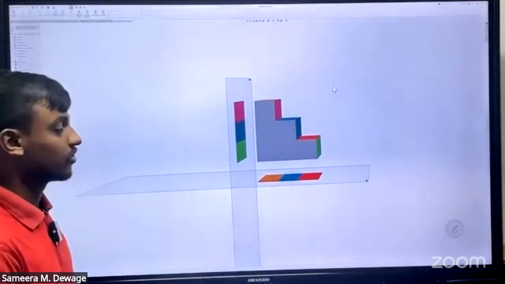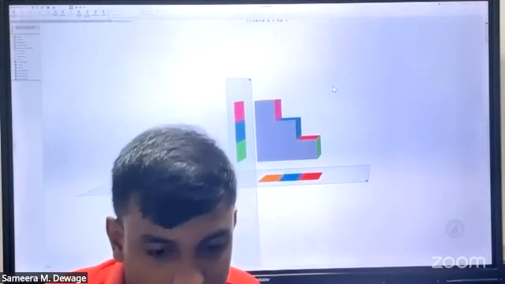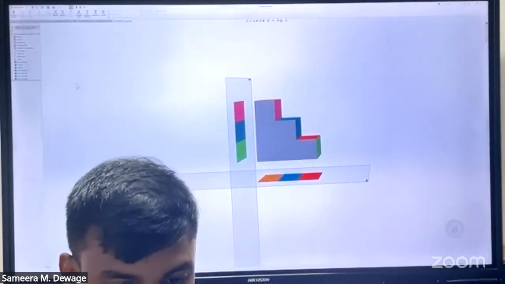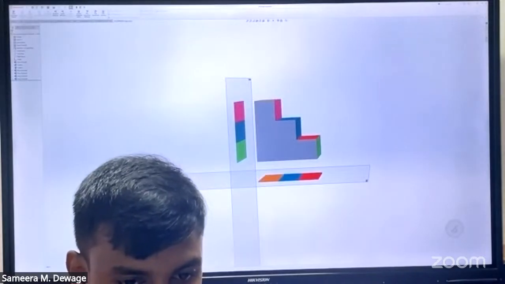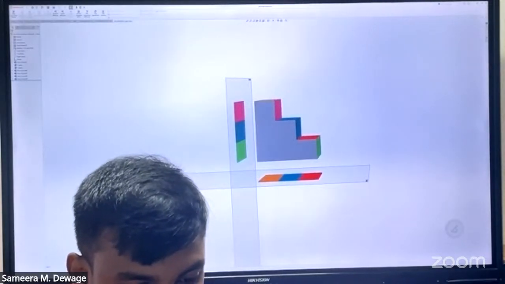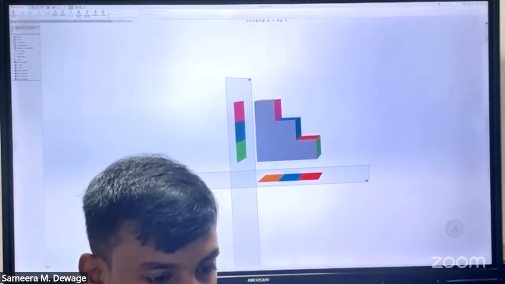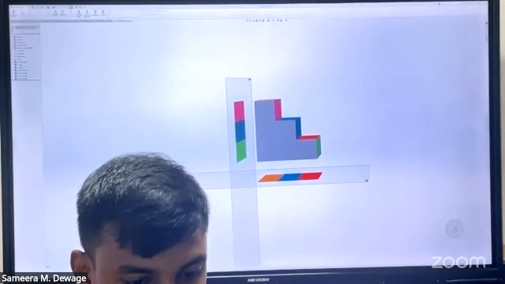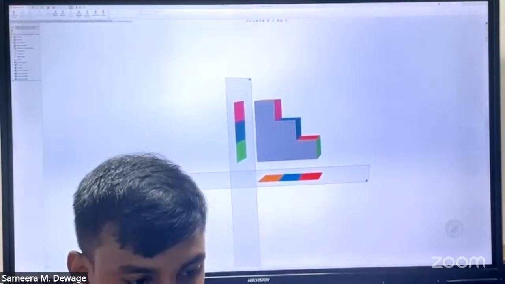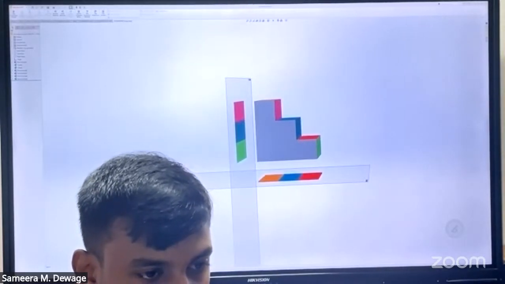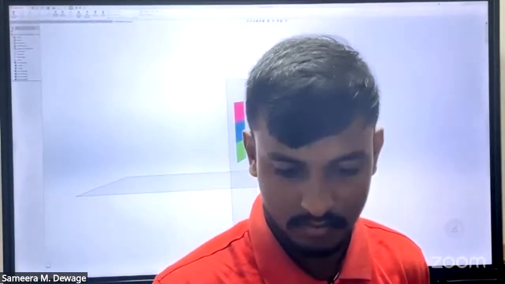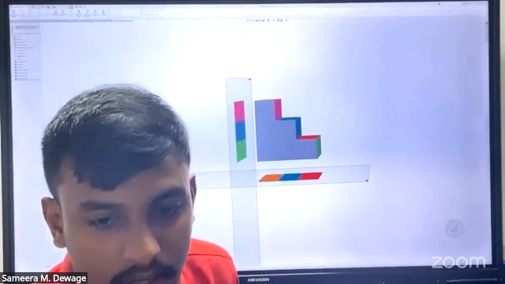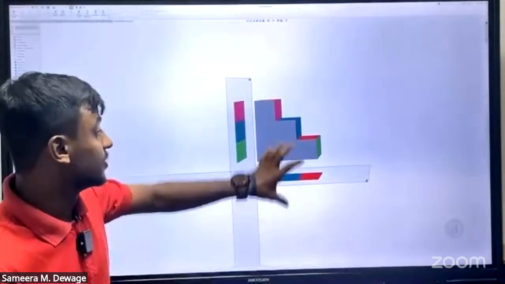Do you know what is first quadrant? Yes, we placed our object on the first quadrant, right?